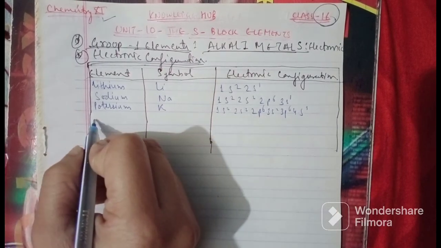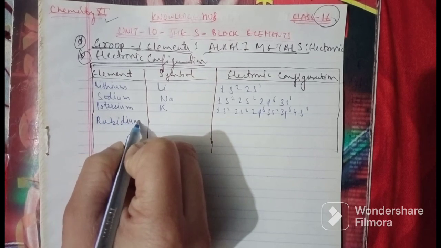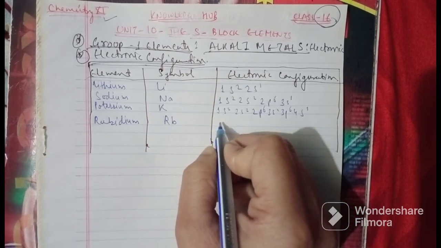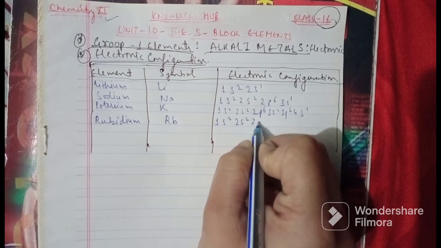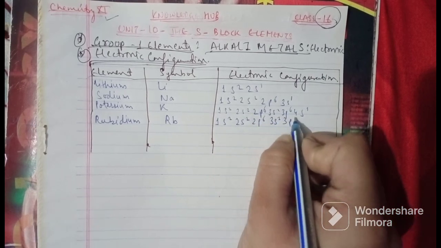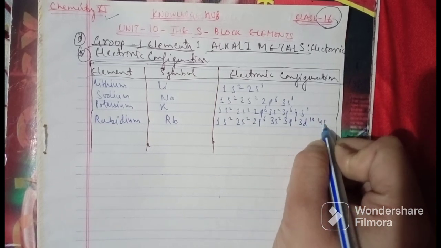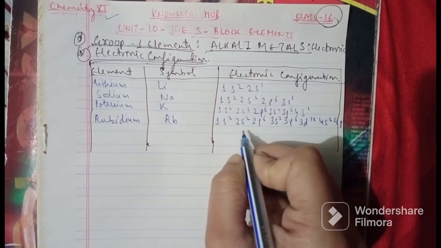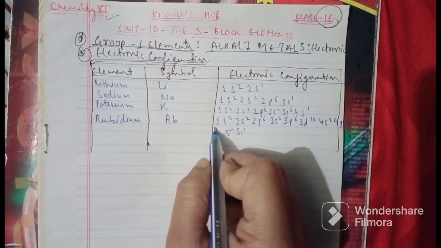Now for rubidium, the symbol is Rb, and the configuration is 1s2, 2s2, 2p6, 3s2, 3p6, 3d10, 4s2, 4p6, 5s1.